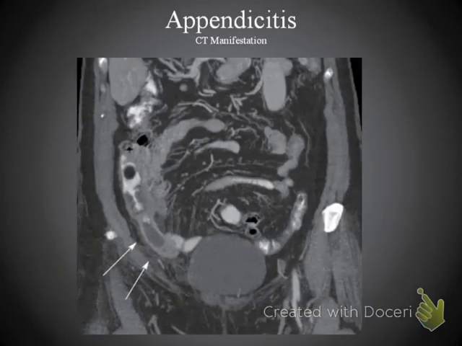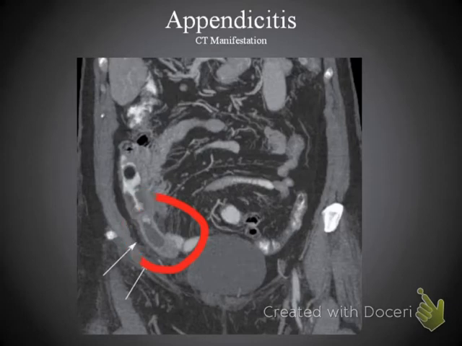This image, this is probably the most impressive image of appendicitis here. We see that we have the cecum here, the ascending colon here, and coming right off of it we have the appendix. And I'm sure, as everyone can tell, this appendix is huge.